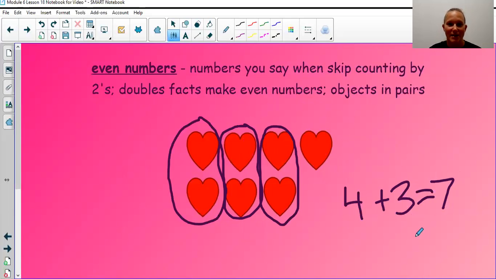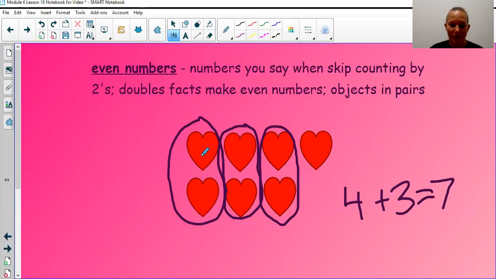I also know 7 is not even because when I skip count by twos, I do not say the number 7. 2, 4, 6, 8 would be the next number I say. I skip over the number 7 when I skip count by twos. So all of this proves that 7 is not an even number.